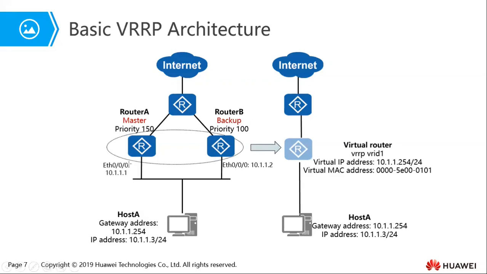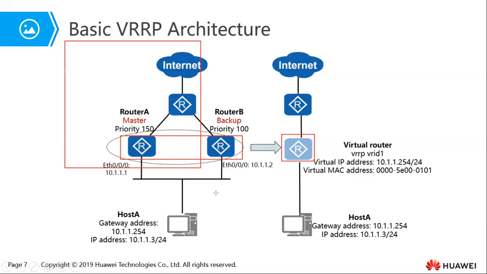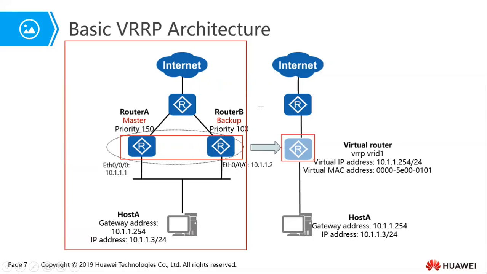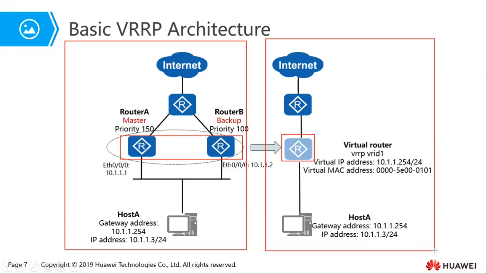As we've already mentioned, with VRRP, we're just combining several gateways into a single logical gateway. So this here is the physical architecture, how our devices are interconnected, and this is our logical topology. So what we're simply doing here is combining router A and router B into a single logical router called a virtual router.